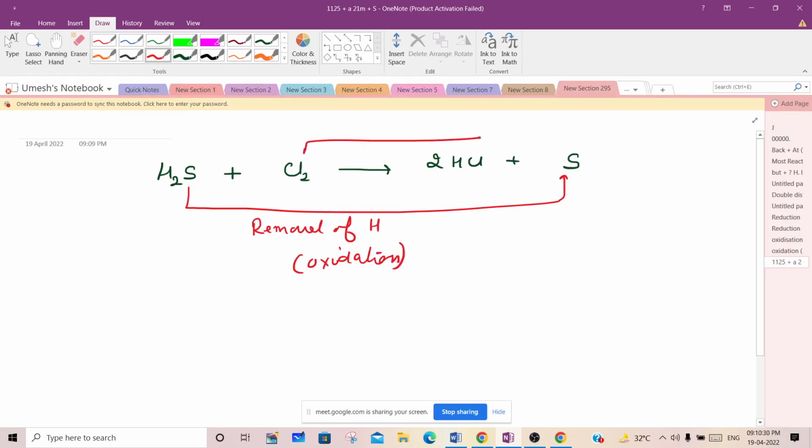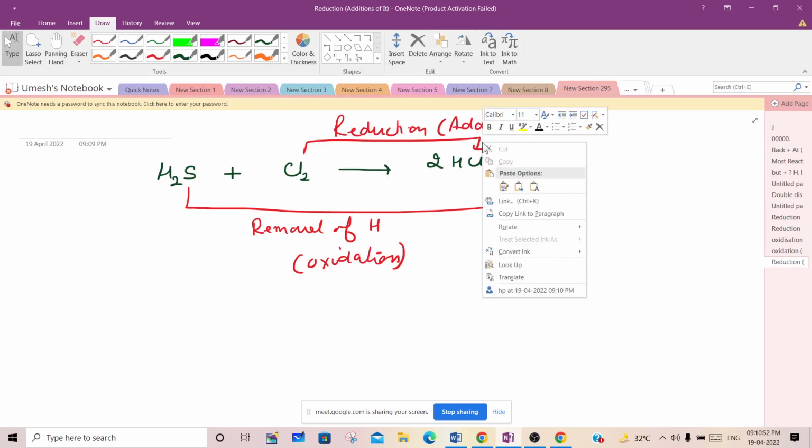And here hydrogen is added. It's a reduction. Understood? Yes, sir. Noted.